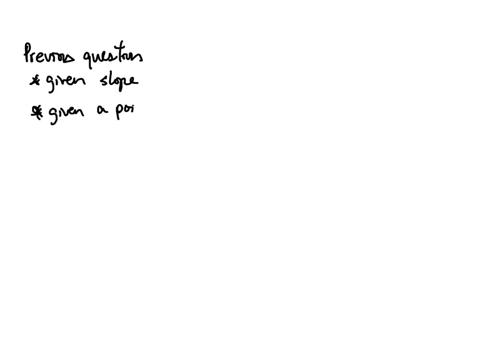All right. Next one. To find the equation of a line that passes through the given points. So notice the previous questions, we are given slope and we're given a point. In question set number 5, the 2 questions, you only know the points, but you don't have the slope.